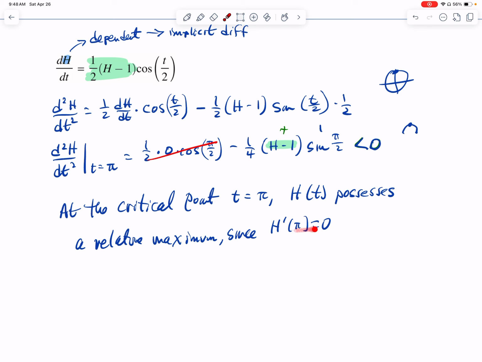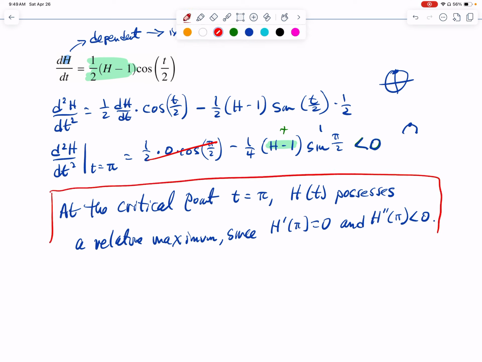No, it only happens when you have critical points, so the first derivative is 0, and h double prime of pi is less than 0. As far as justifying with the second derivative test, that's all you would have to say. First derivative is 0 there, and the second derivative is negative, so you have a relative max.